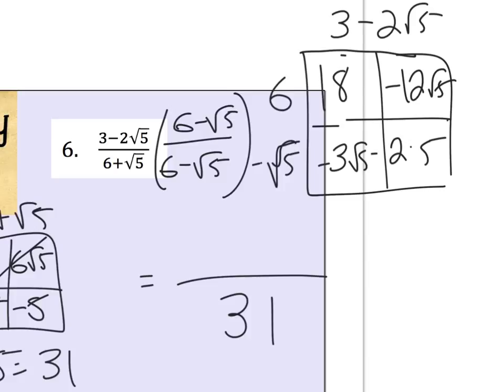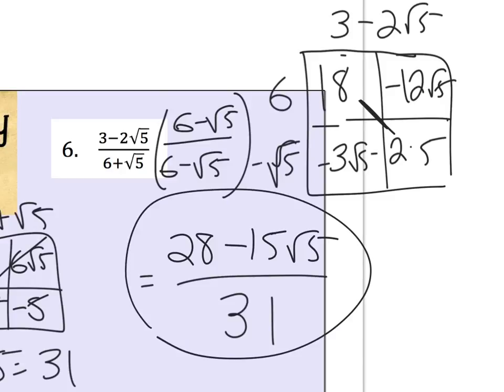So my answer becomes 28, because I can put together those two things, minus 15 square root of 5. There's my answer. Right there. That would be how I would divide that.